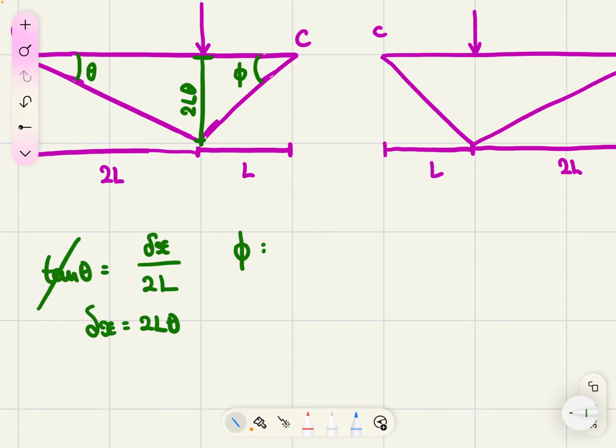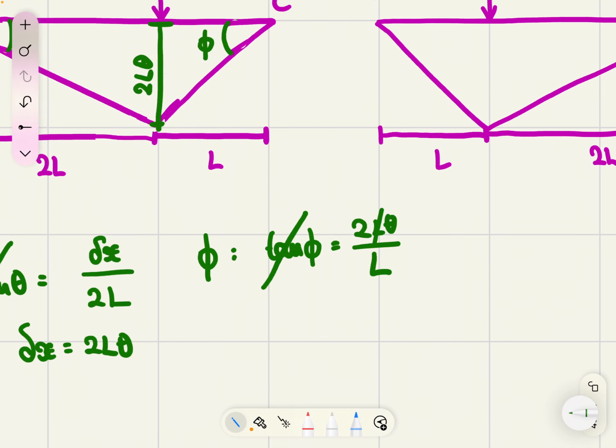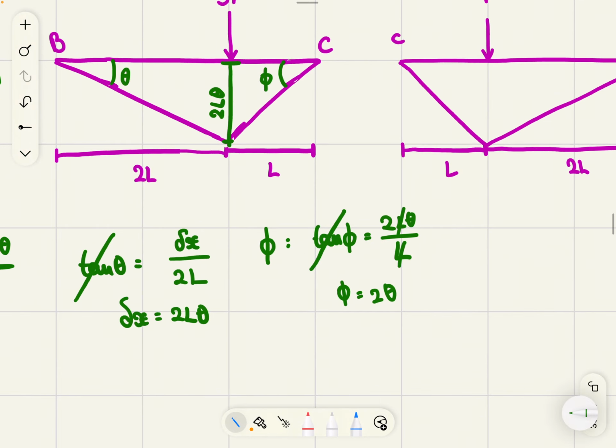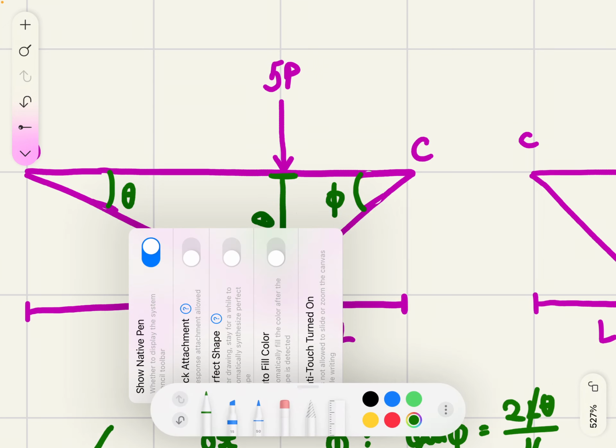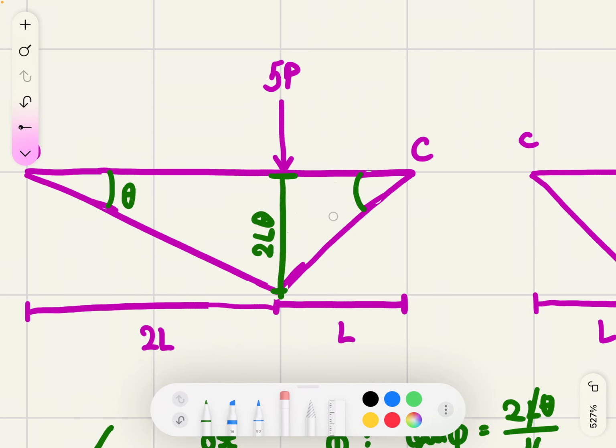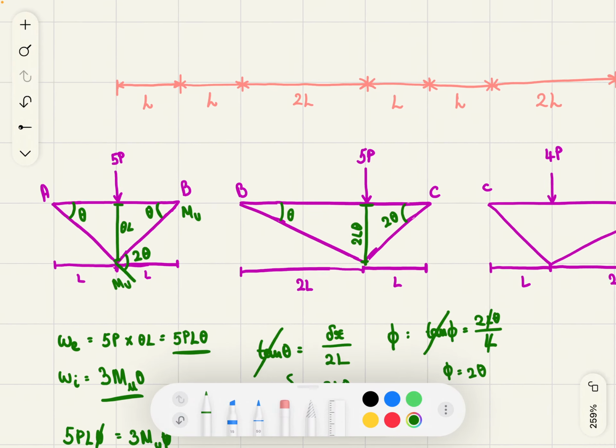So now we can find phi in terms of theta. So tan phi is going to be 2L theta over L. Small angle approximations, so get rid of tan, cancel out the L's, so you get that phi is 2 theta. Now we can write in here 2 theta.